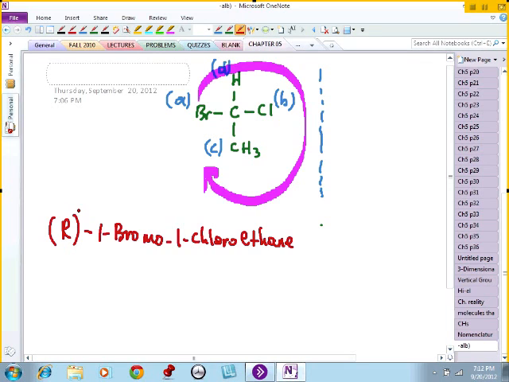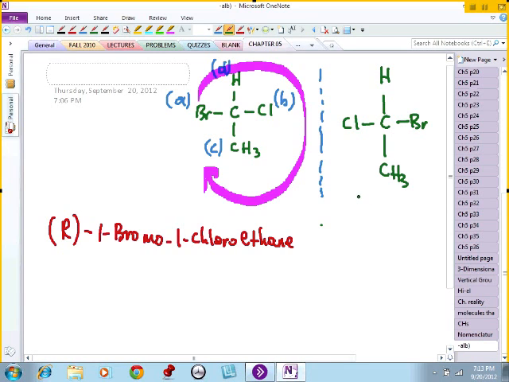So let us draw the S, the mirror image. The mirror image will look like this. Hydrogen here, carbon here, chlorine here, bromine here, and methyl here.